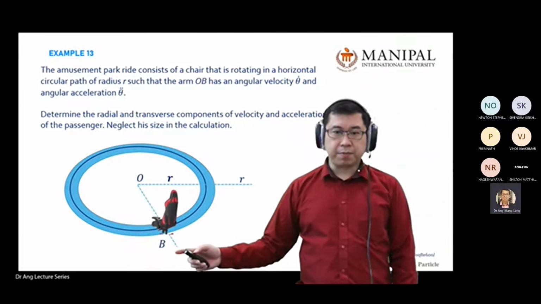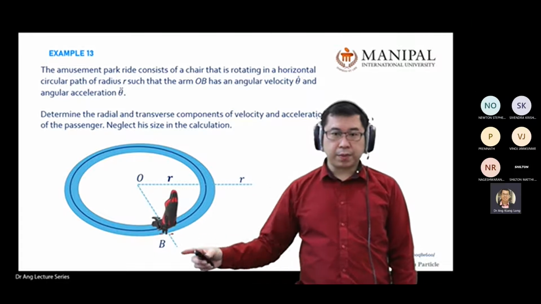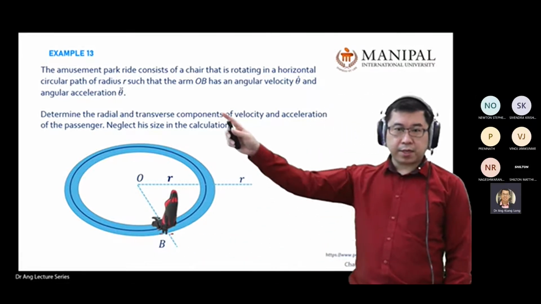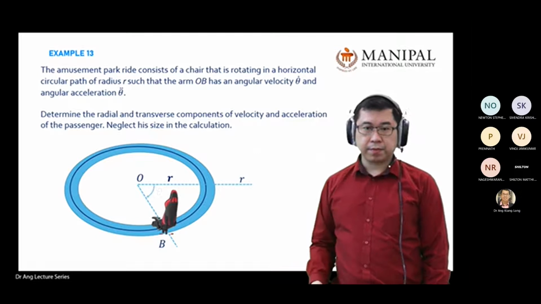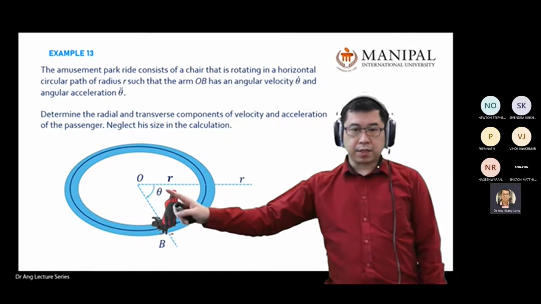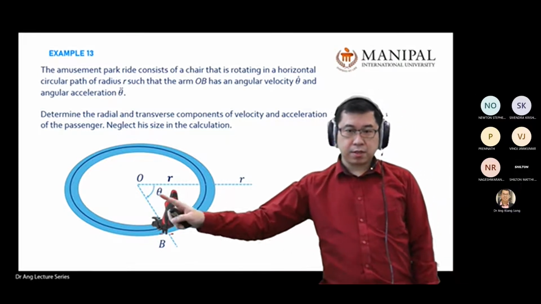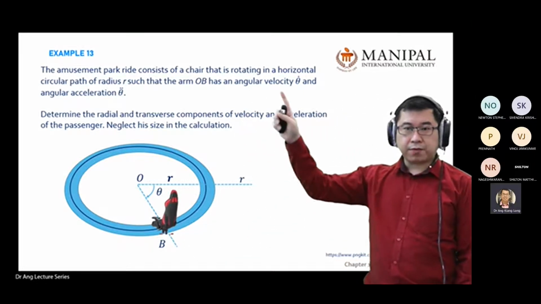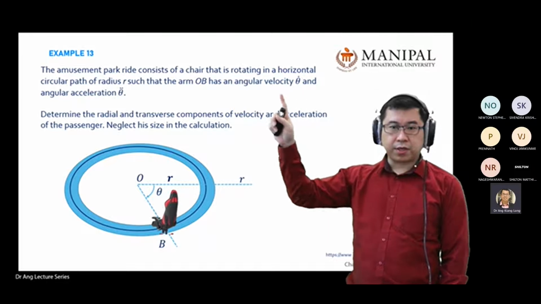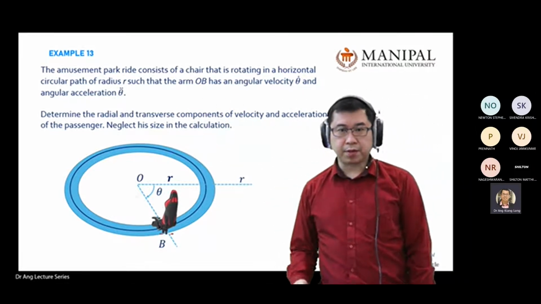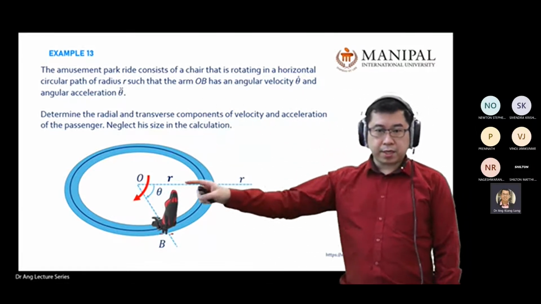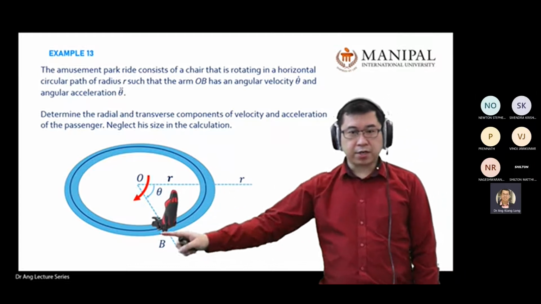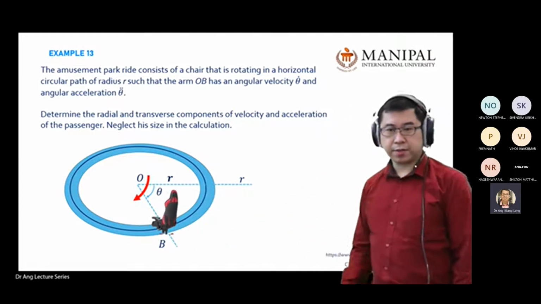We label it as B, and O to B is what the question gives us. The angle is clockwise, with the angular velocity theta dot and angular acceleration. So again, the swinging direction is clockwise.